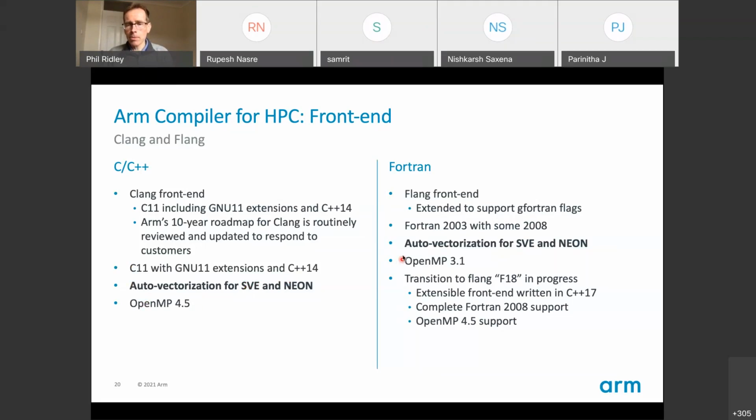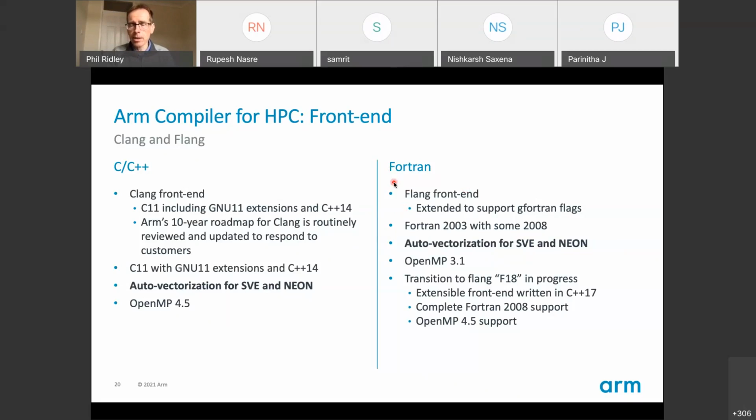In terms of the Fortran compiler, it's based on a Flang front end. Flang was an open source project from PGI a few years back. We took that and worked with the open source developers there. We've also done a lot of work in terms of bug fixes and optimizations for our architectures.